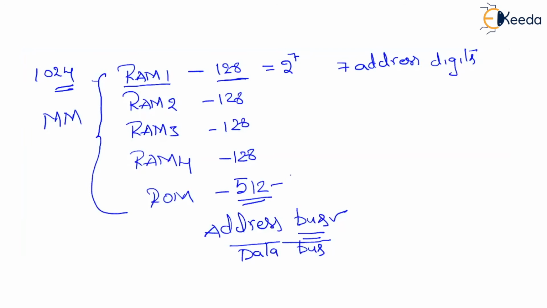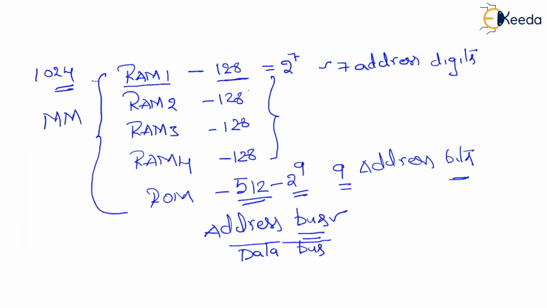So 512 is equal to 2 power 9. So there are 9 address bits for ROM. So in order to communicate with any of the RAM, I just require 7 address digits. In order to communicate with the one and only ROM, I do require 9 address digits, because 2 power 9 is equal to 512 and 2 power 7 is equal to 128.